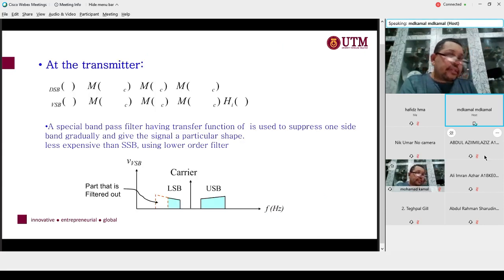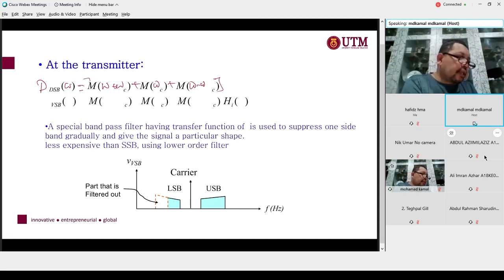All right, so these are the equations that can be used for the vestigial sideband. As you can see, this is double sideband: the signal is equal to m(ω) plus ω_c plus m(ω) minus ω_c here. For vestigial sideband, they just take part of this.